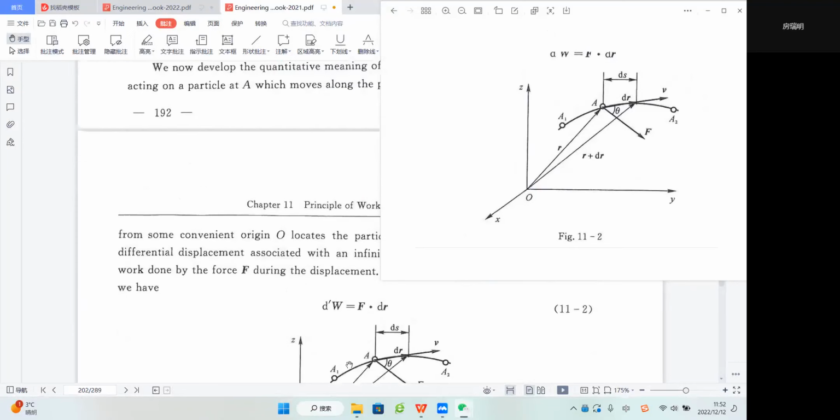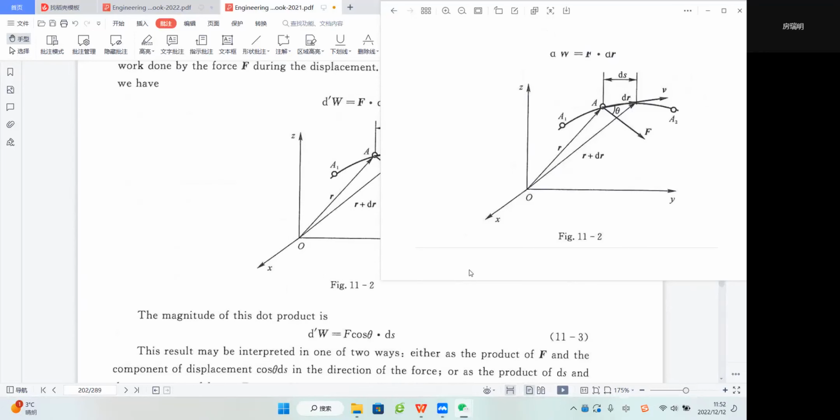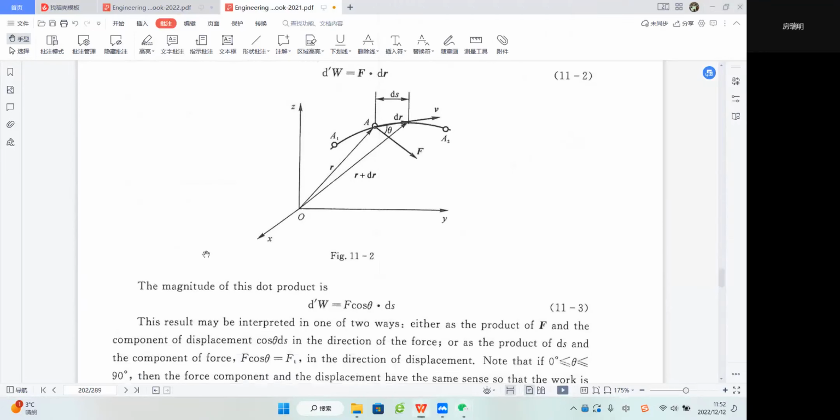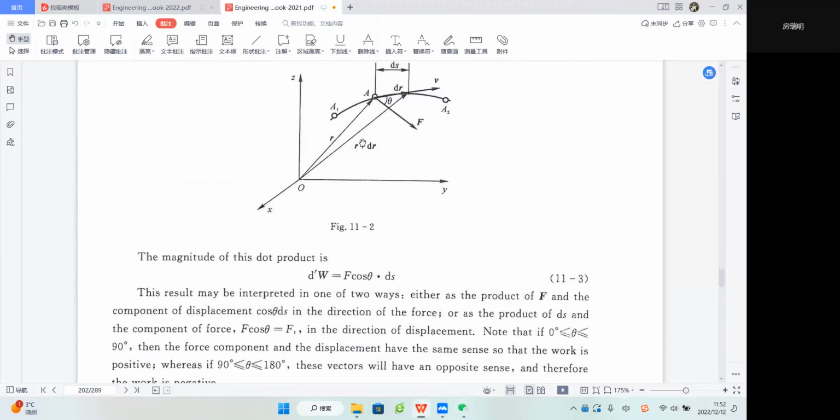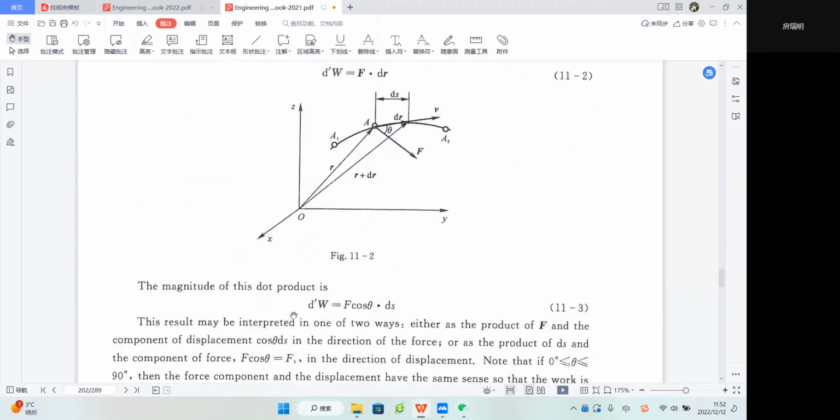When we try to get the whole work from A1 to A2, then we should use integral calculation, right? Our dW equals F dot dr, and because when dr is small enough we can assume that dr actually equals ds, a very short part of the path from A1 to A2, right?